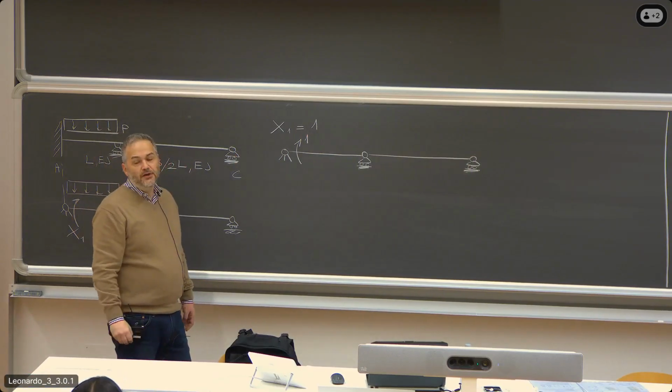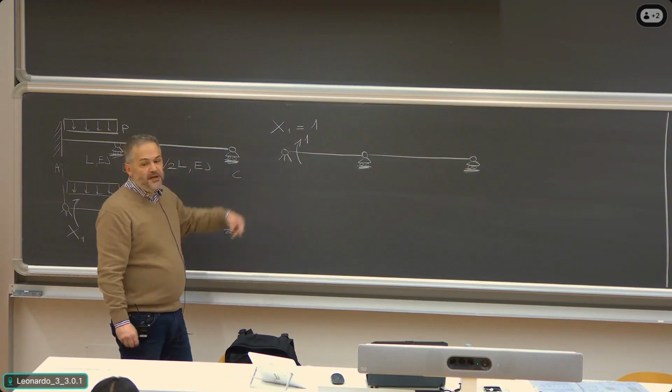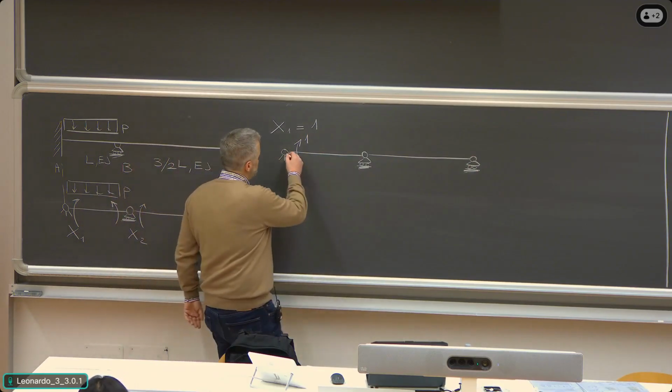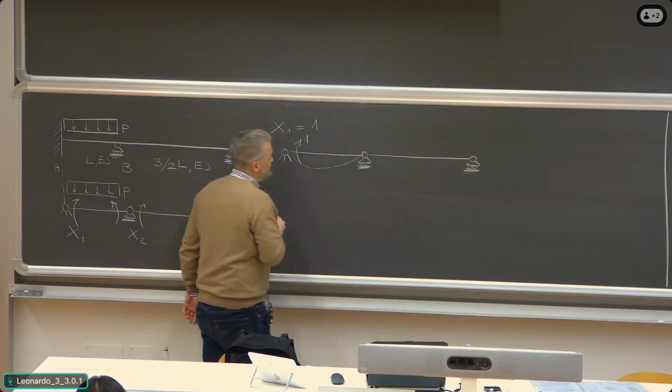Now, if you look at the coefficients you have at the back of the page, with a unit bending moment applied at the left end, the deformed shape of the first span looks like this. There is a larger rotation to the left and a smaller rotation to the right.